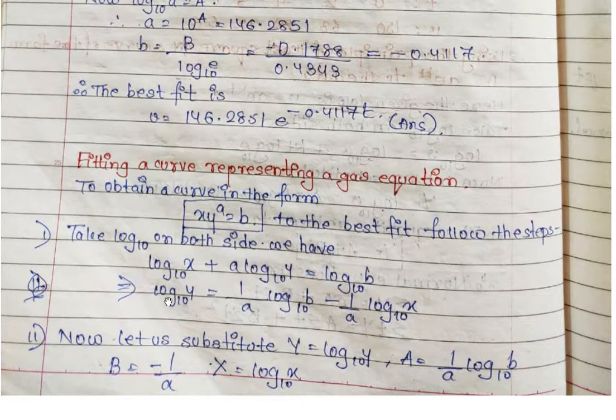Say log y base 10 is calculated as capital Y, 1 by a log b base 10 is capital A, minus 1 by a is considered as capital B, and log x base 10 is capital X.